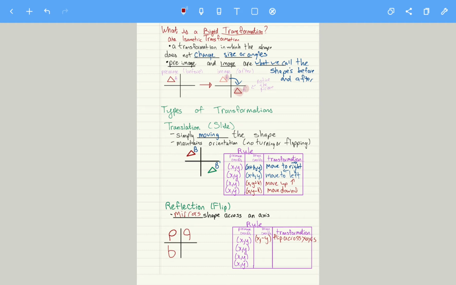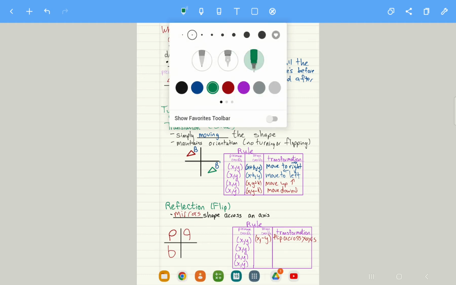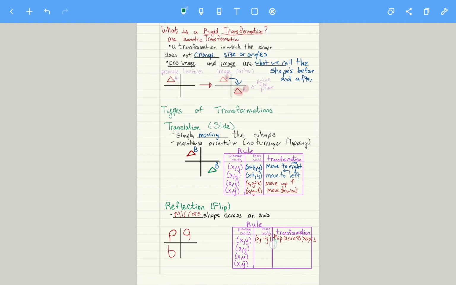So if it's a positive, it turns to negative. If it's a negative, it turns to positive. Now if we flip it across the y-axis, it's the other way around. So the x changes signs, but the y stays the same.